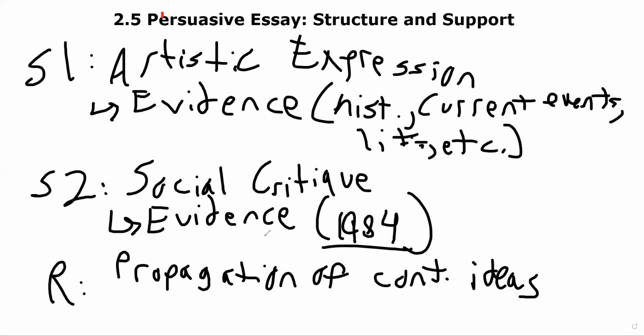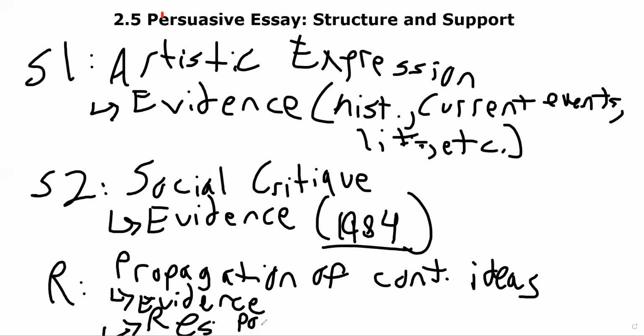Now, it's very important that not only do we provide evidence for this point, we also want to provide a response to this. And so what do we mean by a response?